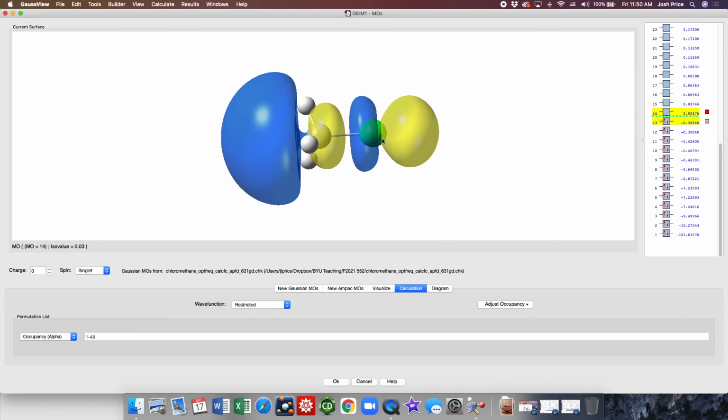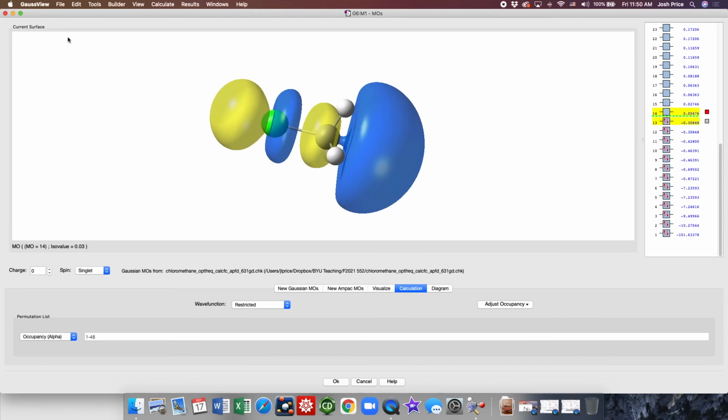I didn't intend to walk through the complete construction using the group orbitals from methane and from chlorine, but you can start to make sensible predictions based on the principles that we've learned.